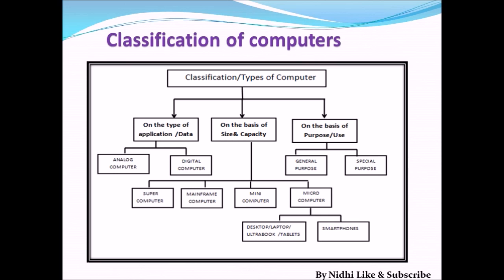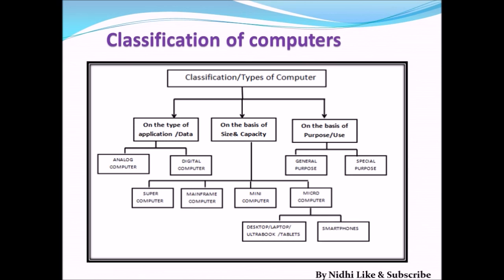On the basis of size and capacity, the computers that we are using are digital computers, which are further categorized into four categories: supercomputer, mainframe computer, minicomputer, and microcomputer. On the basis of purpose or use, it is further categorized into two parts: general purpose or special purpose. Microcomputers are further classified into two categories: first, desktop, laptop, ultrabook, tablets, and second, smartphone. So this is about the classification of computers.